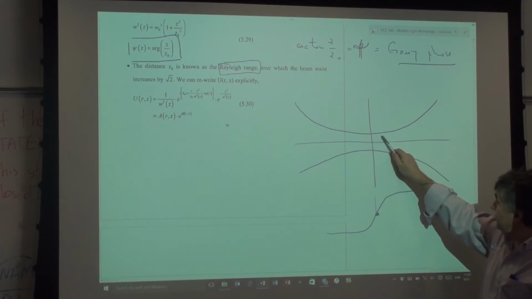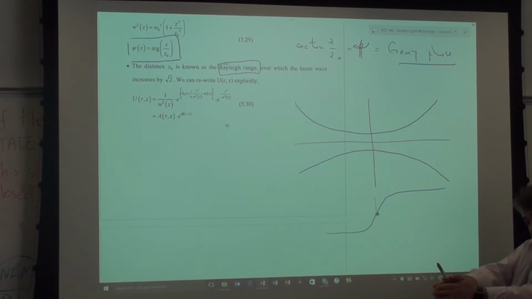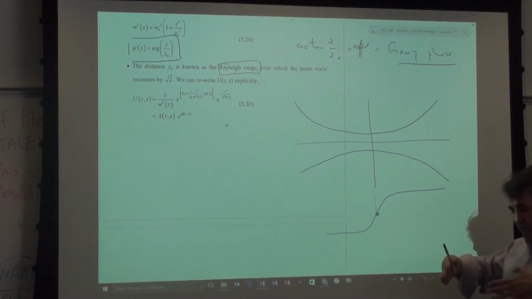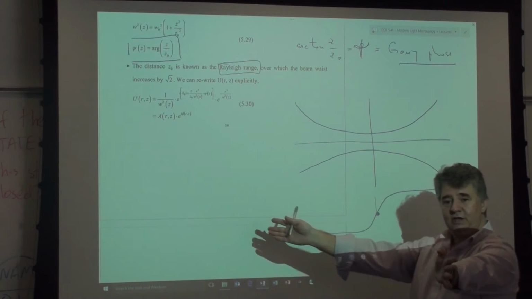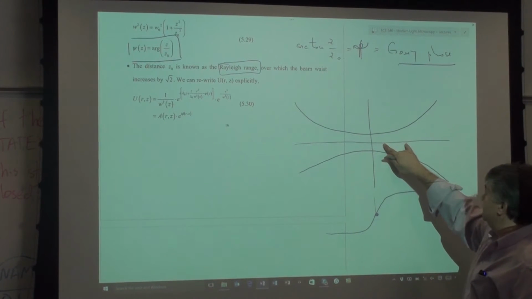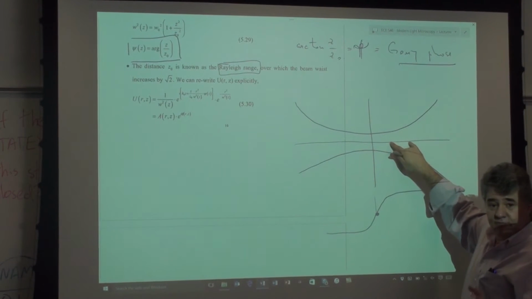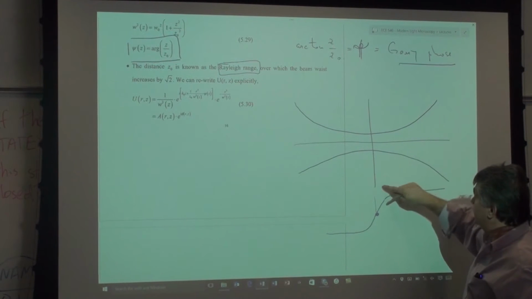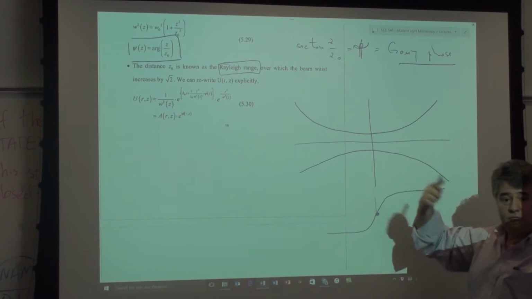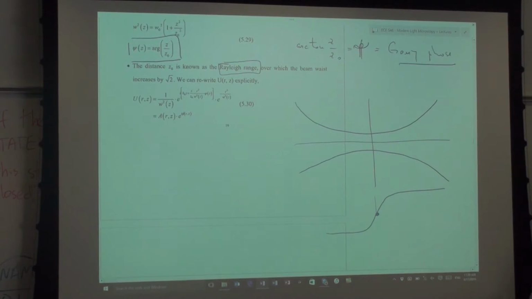And then I go through it, I go to the other side, and I get the divergence. So I came in convergent, and now I'm going divergent. So now the average kz becomes smaller than k naught again, and I have to compensate for that. That's where the Gouy phase comes from. So in the end it's nothing magical, but it should be there.